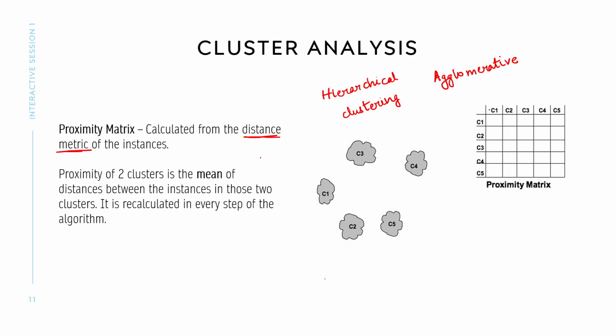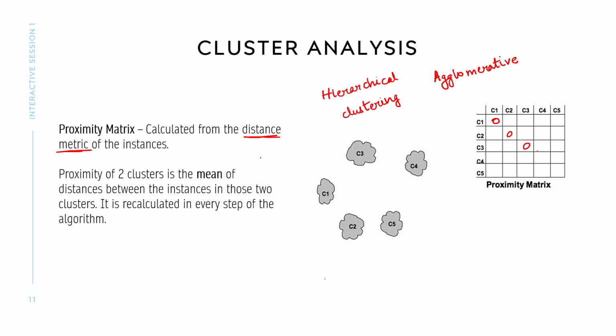So let's say I don't have C1, C2; I have 5 points, not 5 clusters. I put them in a 5 by 5 grid and calculate the distances.